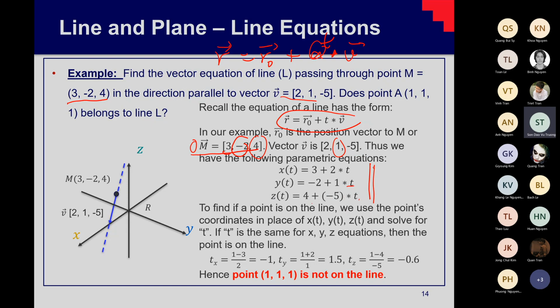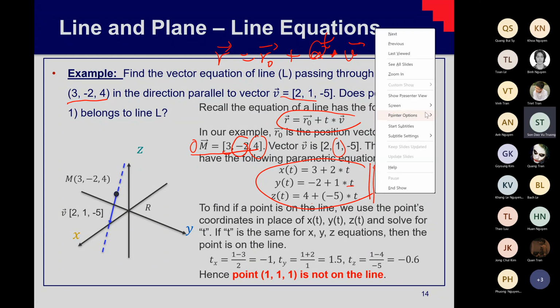Okay, and to find whether a point is on the line, this means the coordinates must satisfy these equations. So we have three equations and we need to find t. And if the t values are the same, then we can say the point is actually on the line. So we consider the point (1, 1, 1).